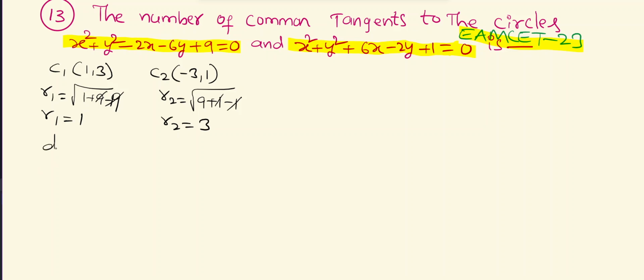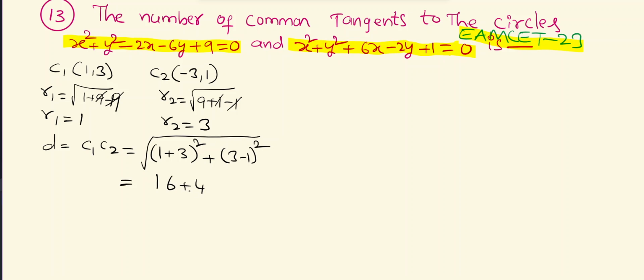Now find the distance between the centers, D, C1 C2. This is equal to the root of (1 plus 3) whole square plus (3 minus 1) whole square. 1 plus 3 is 4, square is 16, 3 minus 1 is 2, square is 4, that is equal to root 20.